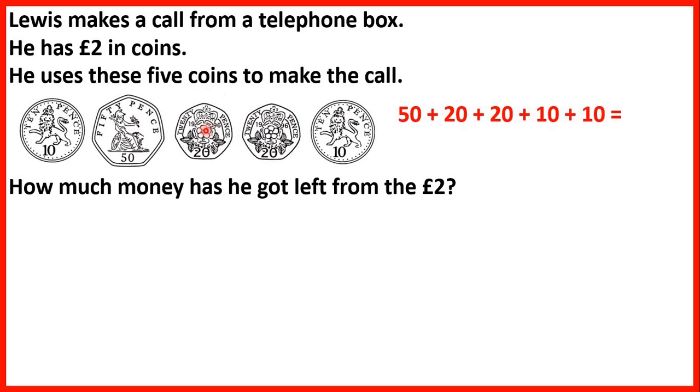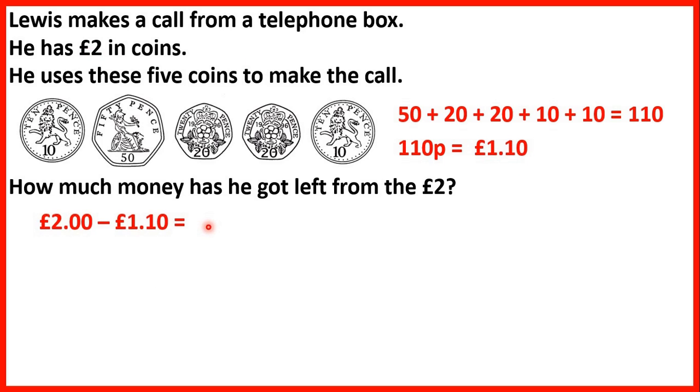50 plus 20 is 70, plus 20 is 90, plus 10 is 100, plus another 10 is 110. So he's used 110 pence, which is the same as £1.10. So he started with £2 and spent £1.10.